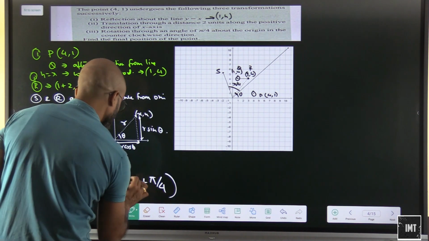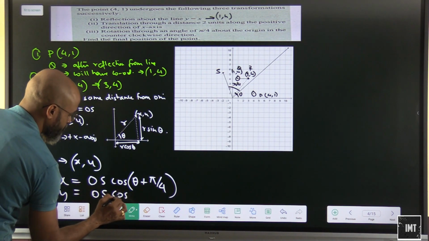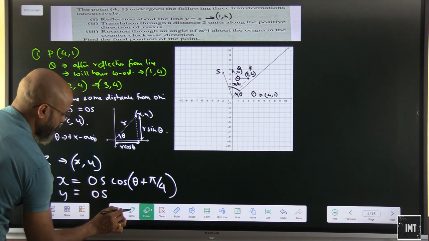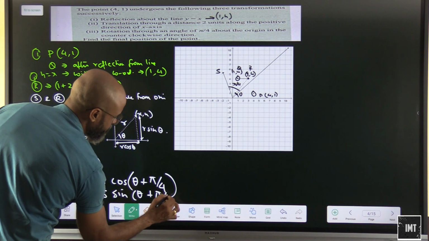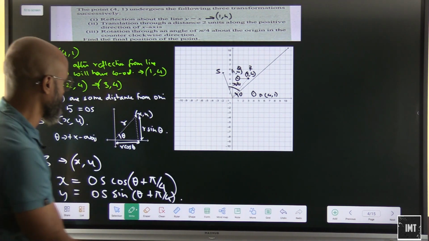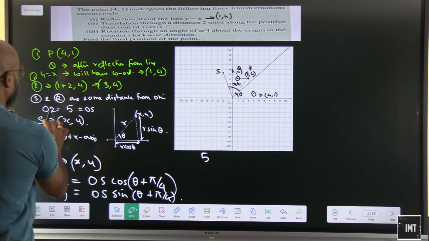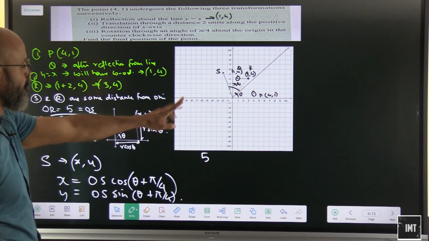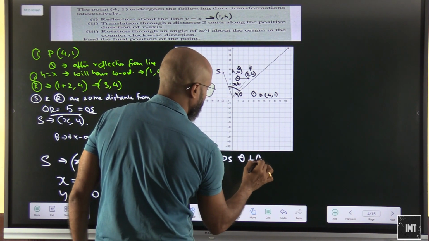And y will be OS sin of theta plus pi by 4. This is the polar form we have already studied. What is OS? OS is 5, because OS is equal to OR. So x is 5 cos of theta plus pi by 4.